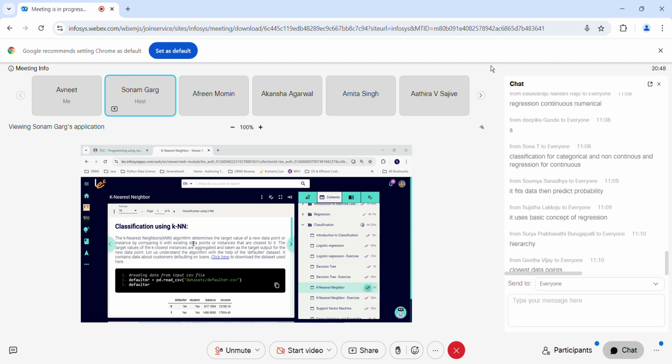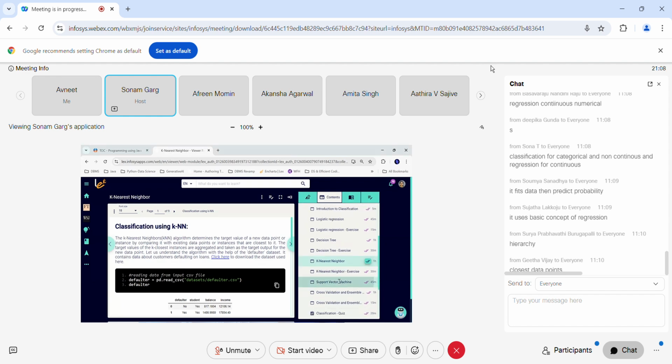So K closest data points. That's why the name K nearest neighbors, they will be looked upon for getting the answer for the current node. So the current node is supposed to behave like its K nearest neighbors. This algorithm believes this.